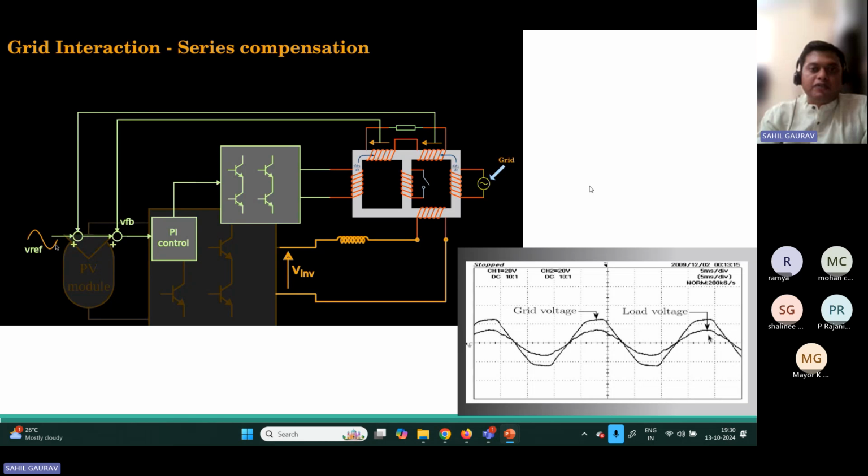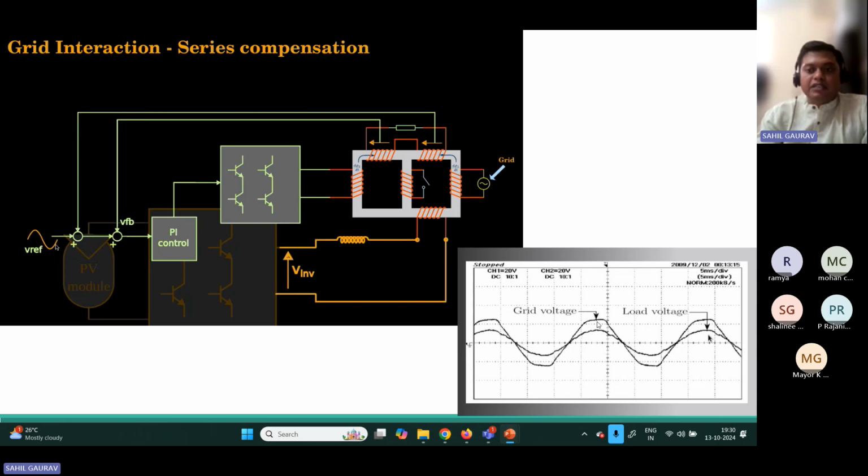This is an example of series compensation. Here, this one is the grid voltage, and you can compensate it using another voltage control source, this converter, and you can see the voltage across the load is sinusoidal.